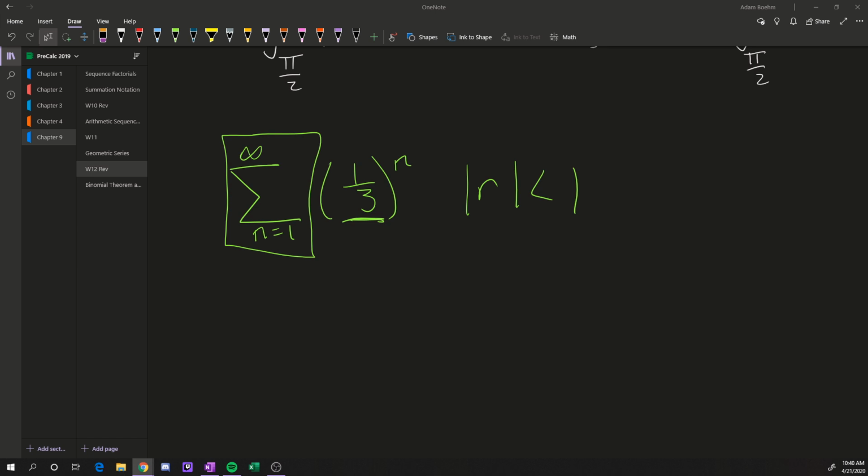Okay, so because our common ratio is less than 1, we can use our equation, plug that into a calculator and simplify, and whatever that number is, that's our answer. Okay, if it diverges, then it just ends there.